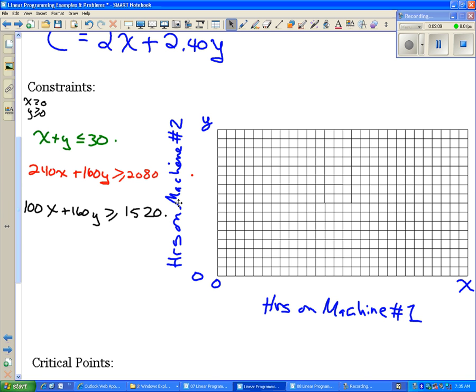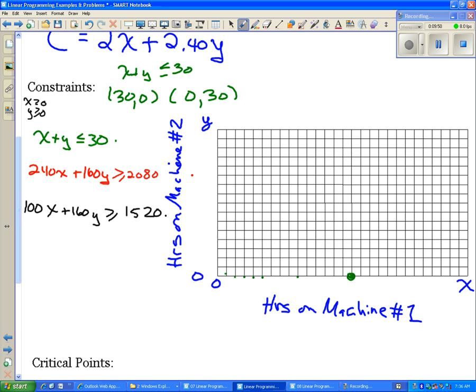Let's look at my constraints. My first constraint, which we're doing in green, was x plus y is less than or equal to 30. Let's find my x and y intercepts. Intercepts seem to be the easiest way to do these problems. My x-intercept, if I plug in 0 for y, is 30. My y-intercept, if I plug 0 in for x, is 30. So if I'm counting by 2s, this is 2, 4, 6, 8, 10, 12, 14, 16, 18, 20, 22, 24, 26, 28, 30.